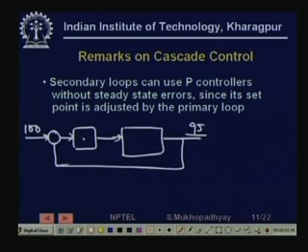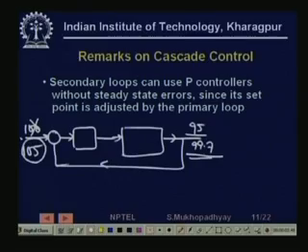Then one way of getting around this problem is that rather than giving 100, you give 105. If you give 105, you will probably get something very close, 99.7 or 99.8 or something. So the technique is that you adjust the set point. Now, for the inner loop, who adjusts the set point? The set point is adjusted by the outer loop.